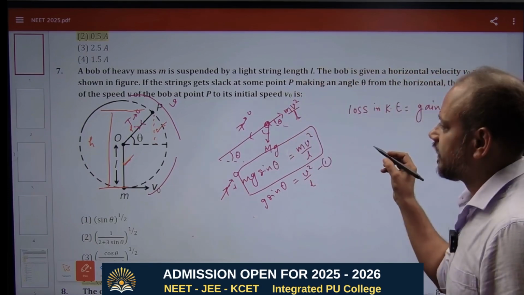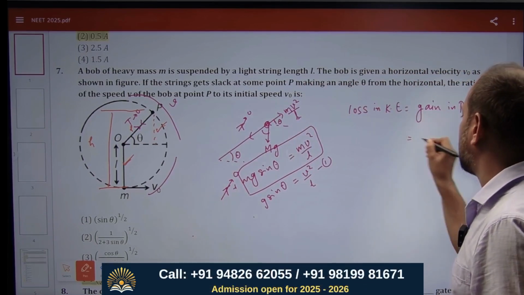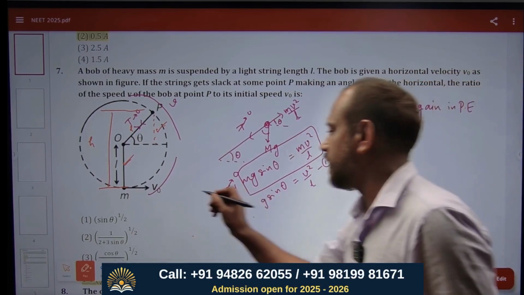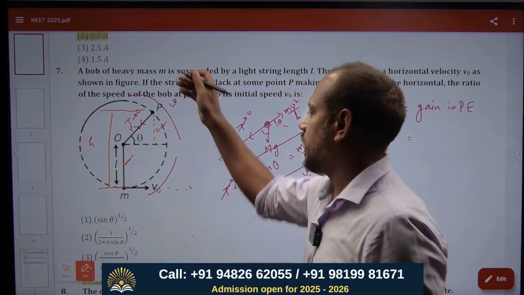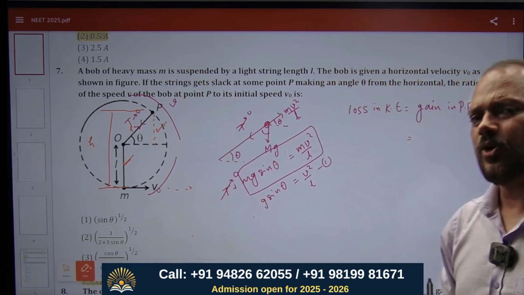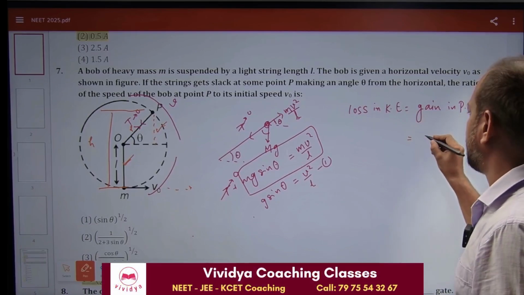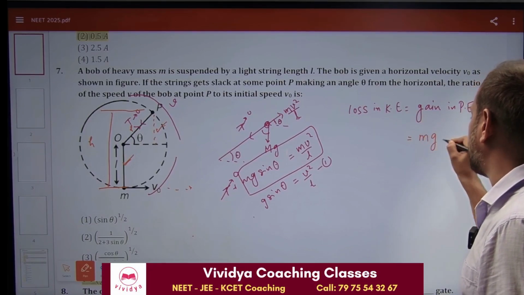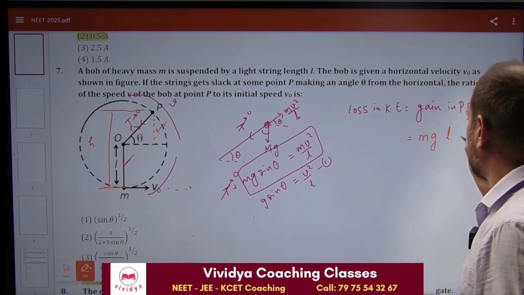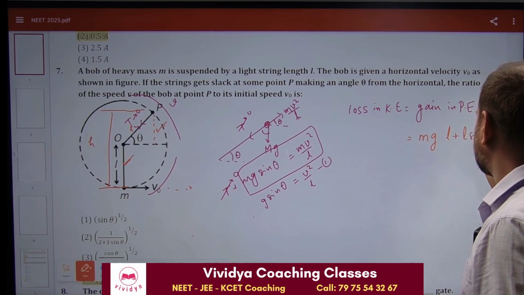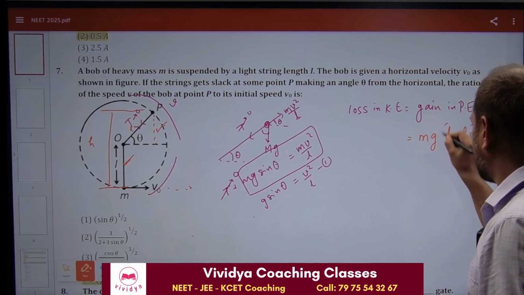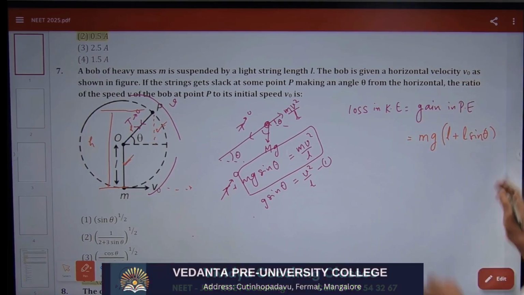So what will we get? The increase in potential energy is equal to mgh, and mgh being mg into (L plus L sin theta). If you have reached till here, that's a good job, right?